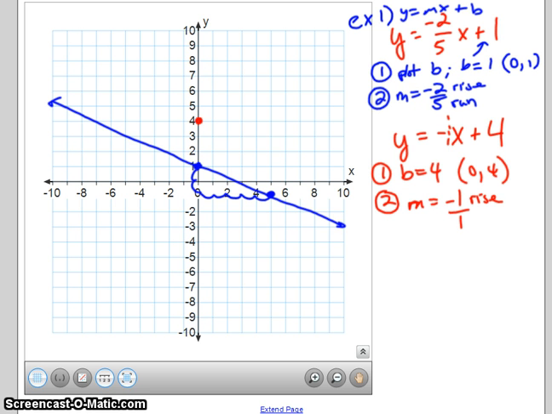Here's our rise, here's our run. So from this point we go down 1, because our rise is negative, and run 1 to the right. Then we draw our line as accurately as possible through these 2 points.